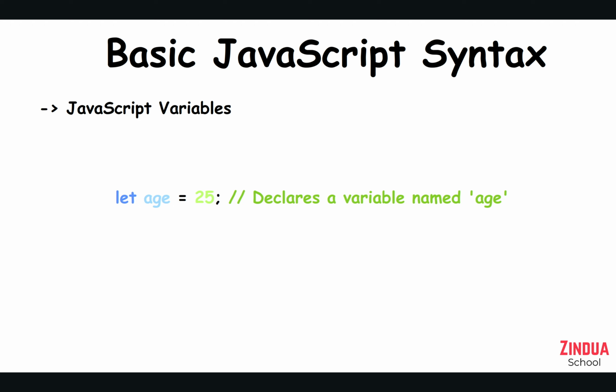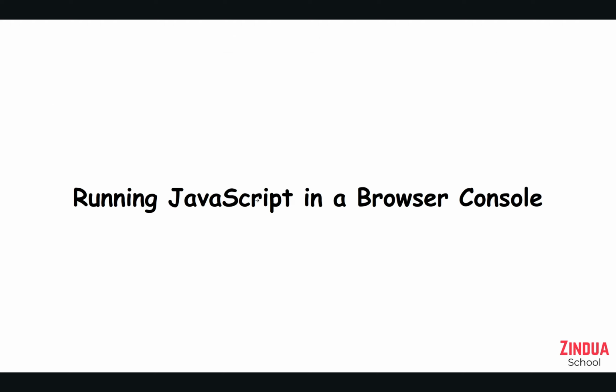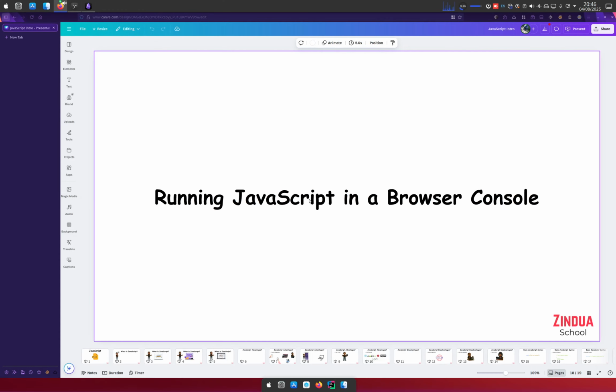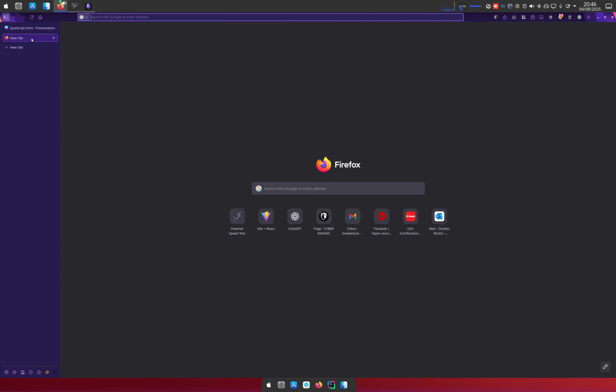Now, let's start doing some more practical stuff and see how we can run JavaScript in a browser console. So we all know what the browser is, but we don't know what a console is. Now, let me show you what all that is. So I'm going to open a new tab, and we have a fresh browser window. So we have something called a console, and when you're developing with JavaScript, you'll be using this a lot.